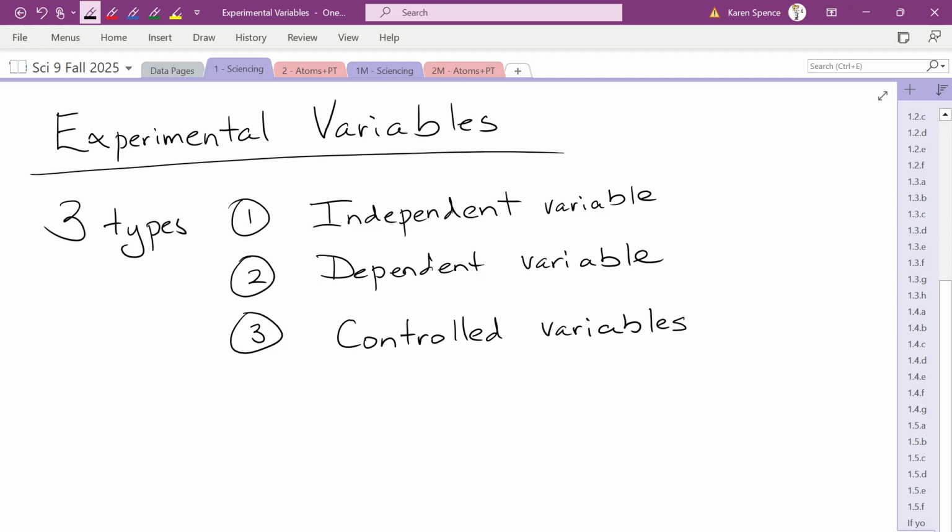Take a moment and describe to your neighbor as best you can what an independent variable is.